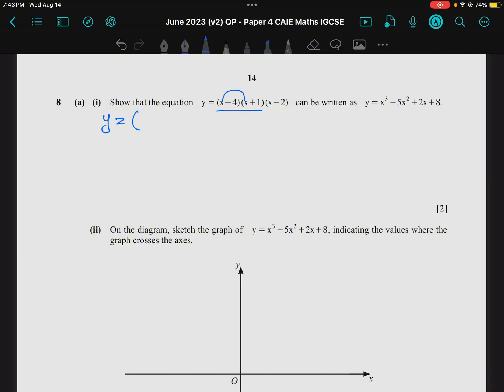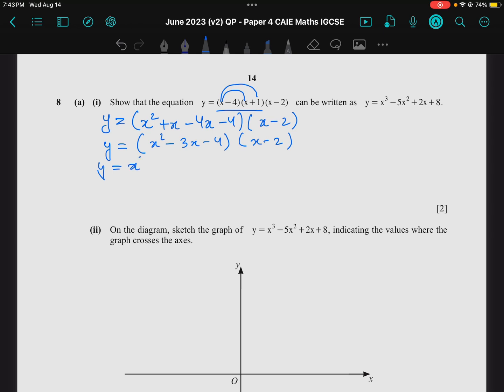First term into first term is x squared, x into 1 is x, and then second term into first term, minus 4 into x is minus 4x, minus 4 into 1 is minus 4, and then the third bracket. So y equals x squared minus 3x minus 4, and then the other bracket. Now on the same principle we multiply these two brackets.